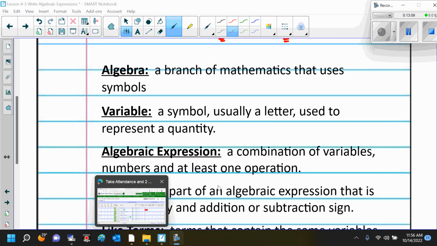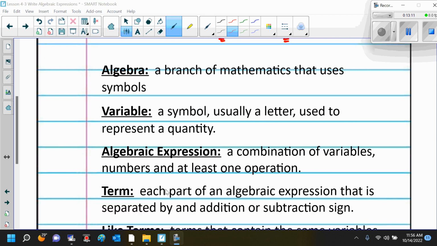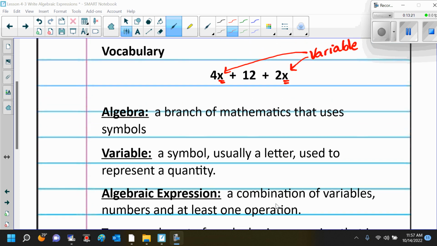A term is each part of an algebraic expression that is separated by an addition or subtraction sign. So, up here, each one of those is a term. So, 4x is a term, 12 is a term, and 2x is a term.